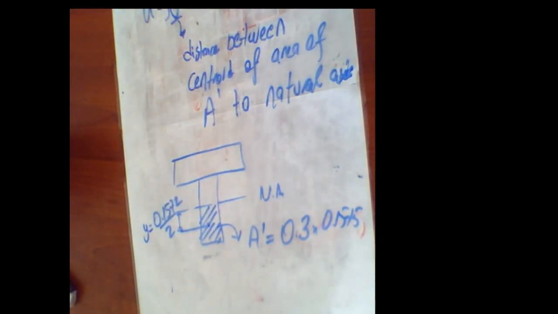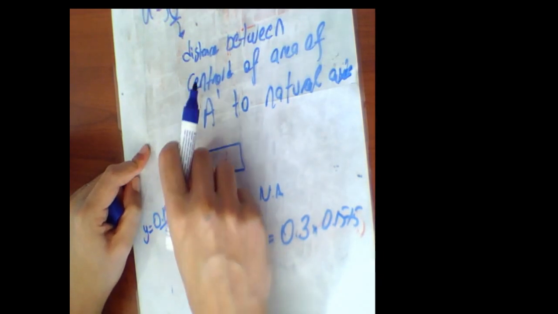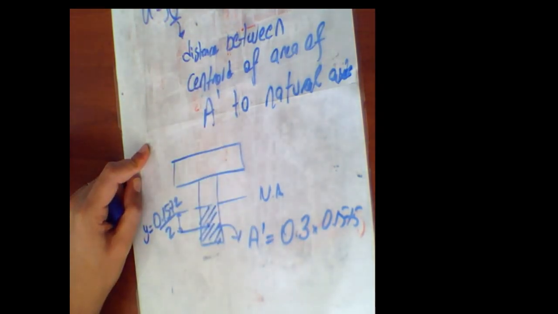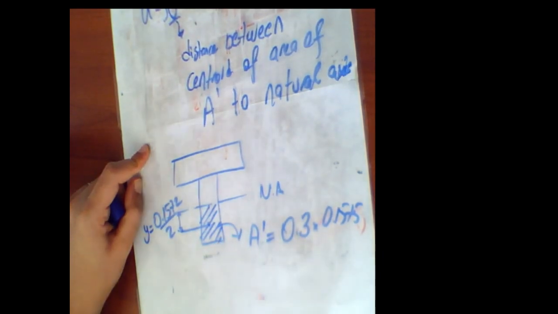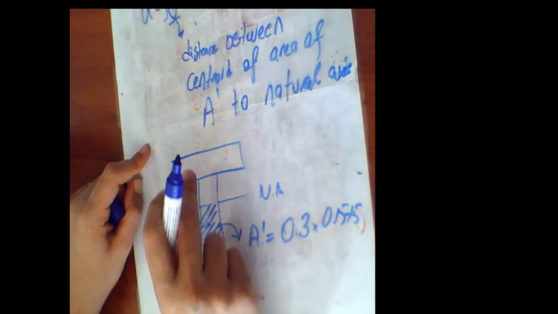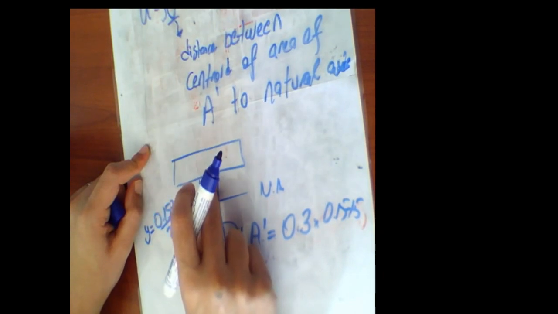Some of you may ask, Hocam, why are we using the down direction to calculate the Q? If you calculate in the up direction, you will obtain the same value. Why are we choosing the bottom? Because this calculation is simpler than the upside, as two parts are available on the upside.